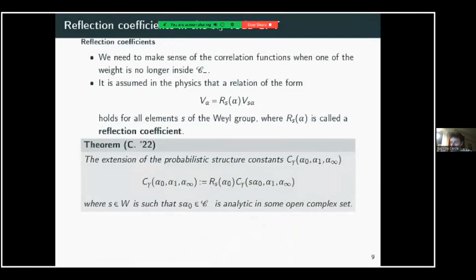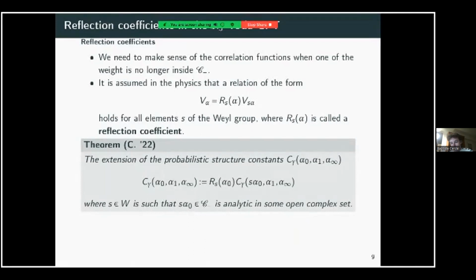actually it's not that formal. You can actually prove that this definition is a good one, since the probabilistic structure constants can be analytically continued by doing so. If your weight alpha only stays in the probabilistic region, the 3-point correlation functions are analytic, it's not so hard.